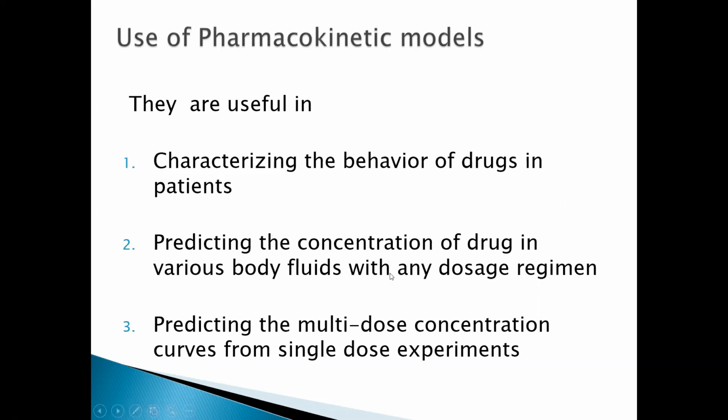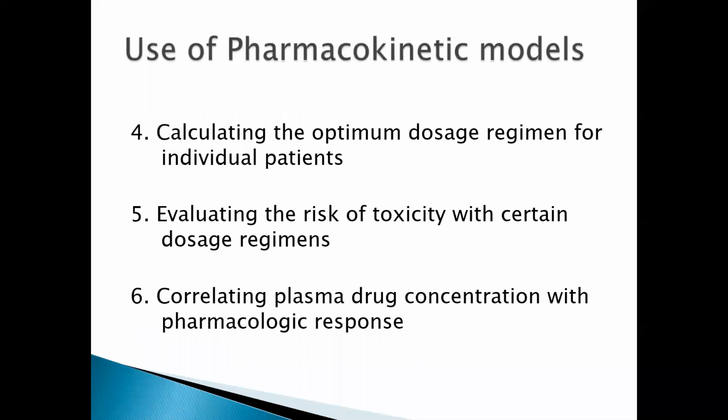So you can predict the concentration of the drug in the body fluids once it is administered. And you can predict the multi-dose concentration curves from single dose experiments. Similarly, using pharmacokinetic models, you can calculate the optimum dosage regimen for individual patients, and you can evaluate the risk of toxicity with certain dosage regimens.